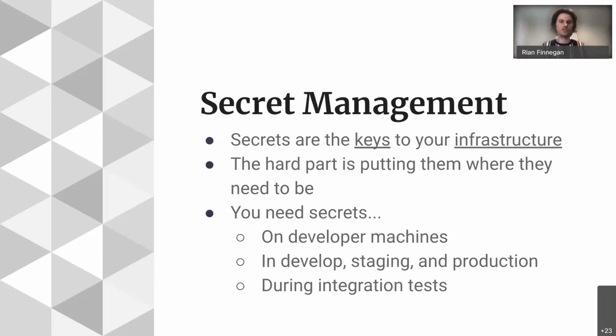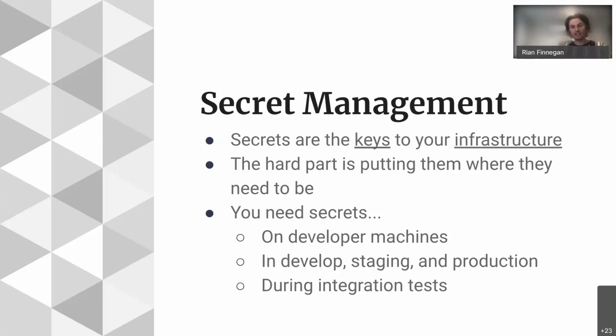You'll need the connection string to that cloud resource. You'll need secrets in each of your environments, in your development, your staging, and your production environment. But you've got to make sure they're different, obviously, and you really want to make sure that your production secret doesn't end up in your development environment. It's really painful when you accidentally run a test against your production database and fill it up with something unpleasant.